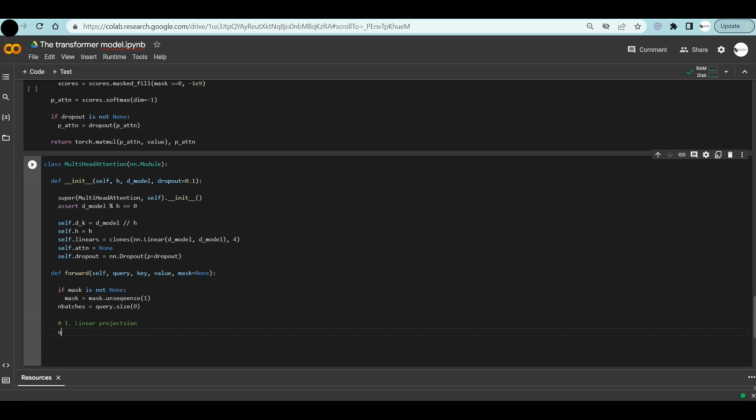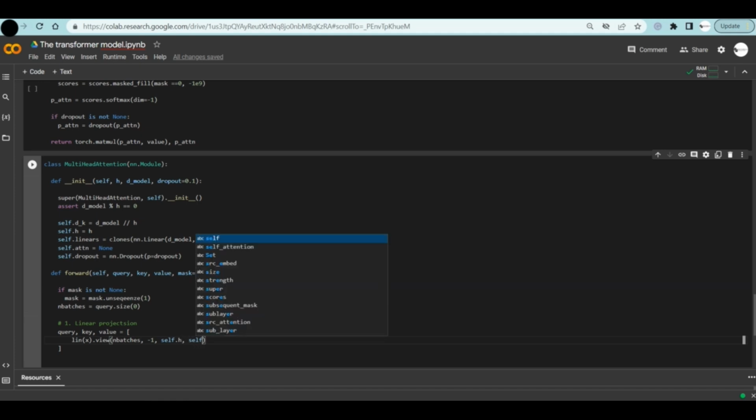We say query, key, value equals to this, then x.view of n_batches, then -1, self.h, then self.d_k, then we transpose this.